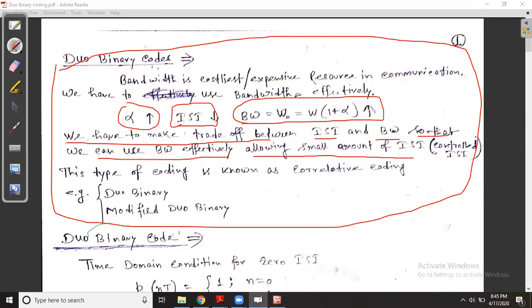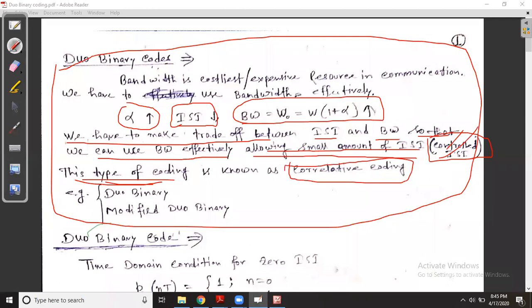Allowing a small amount of inter-symbol interference is an important term, known as controlled ISI. This type of coding, by some coding technique you can generate such a pulse, is known as correlative coding.